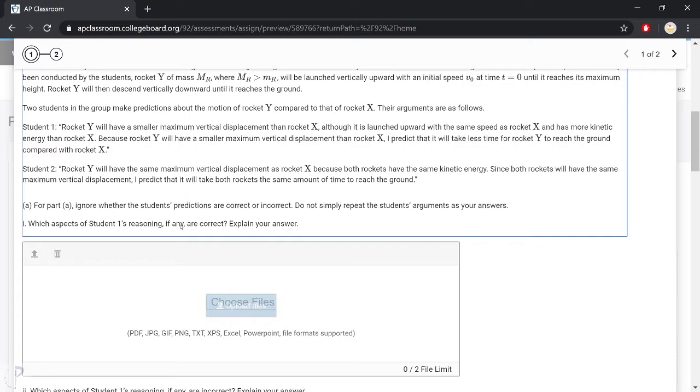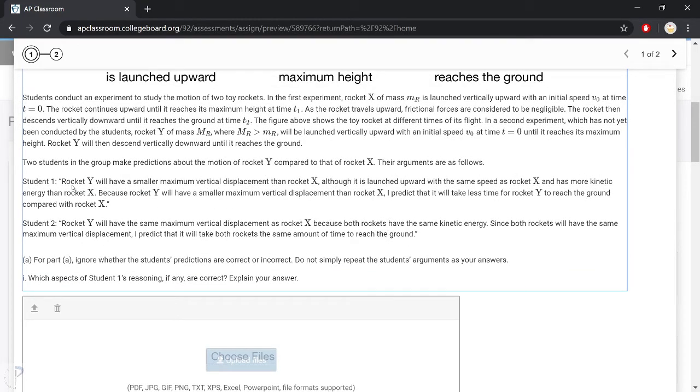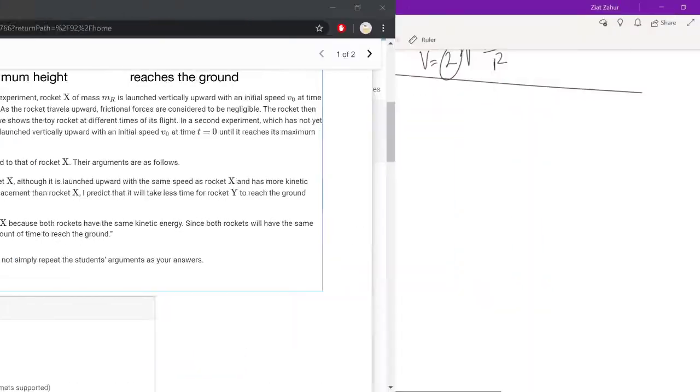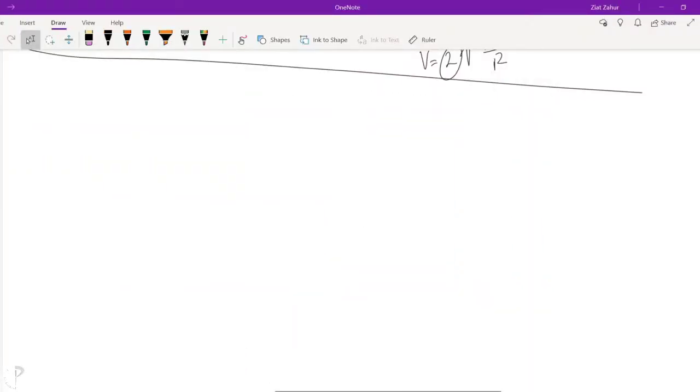All right. So let's dissect student one's reasoning. So let's go back to student one's. We're not really interested in what he said particularly. Or perhaps we should think about the problem first before going in. The problem was a rocket launched with some mass, and it goes up and then it goes down.